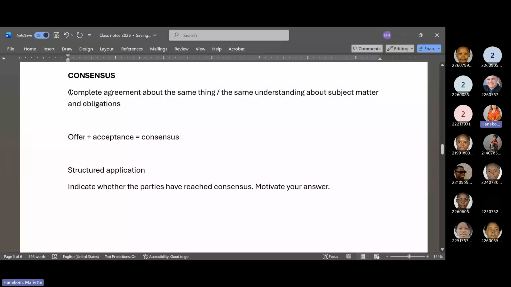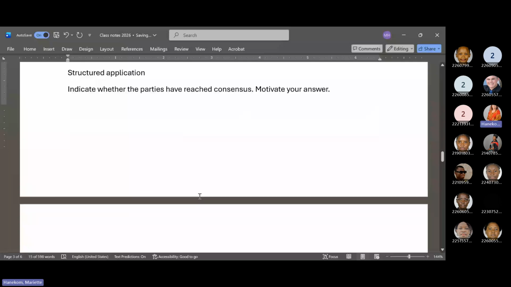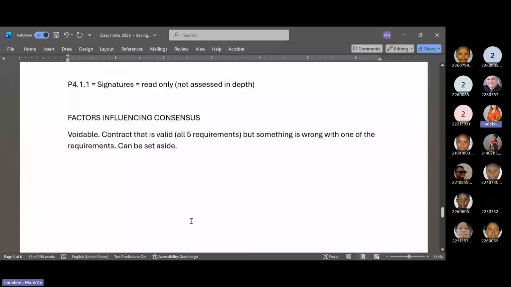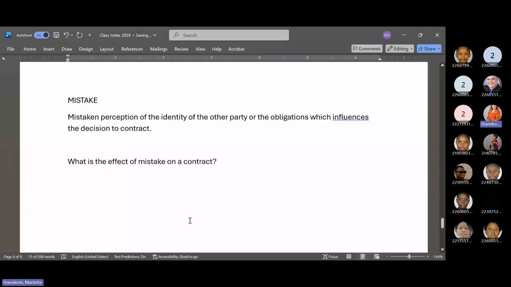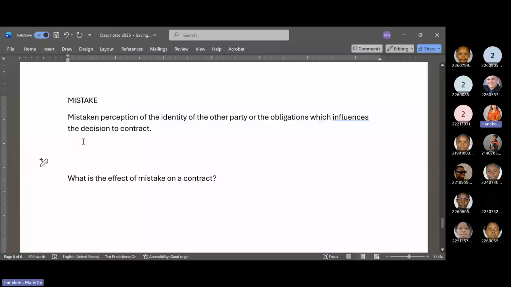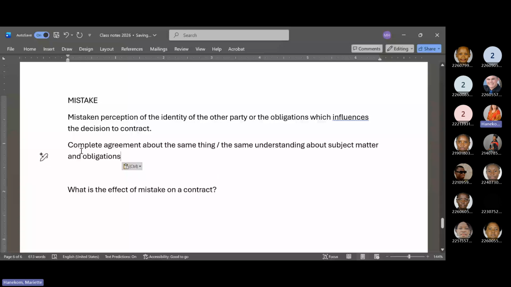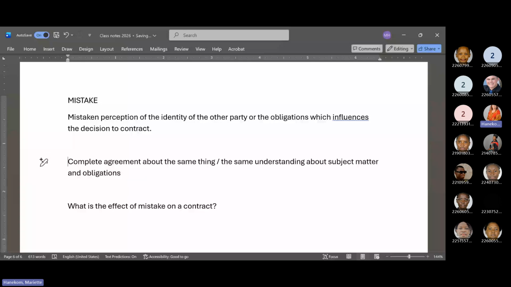Let's copy this so that you can see it together, because I need you to figure this out yourself. If you figured it out yourself, you won't forget it, rather than me just sitting here throwing words at you. Consensus is a complete agreement about the same thing.